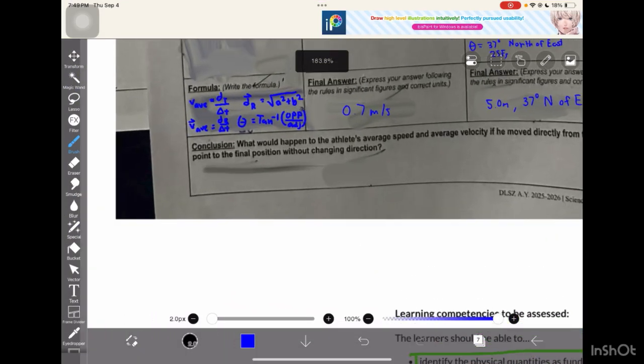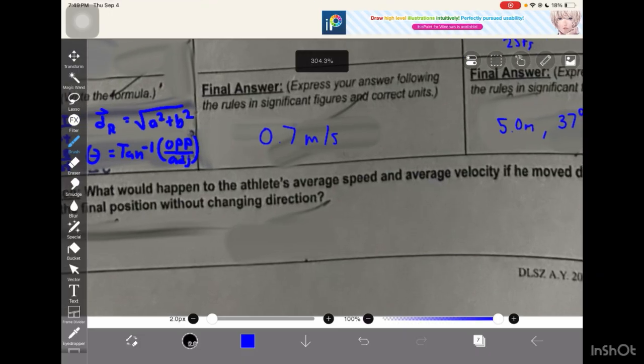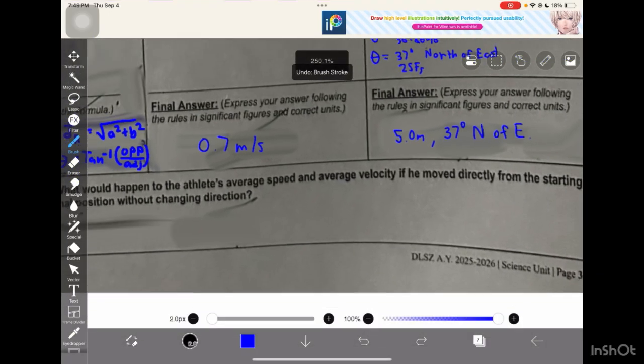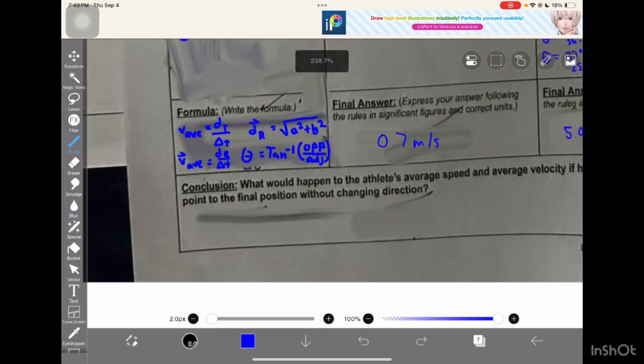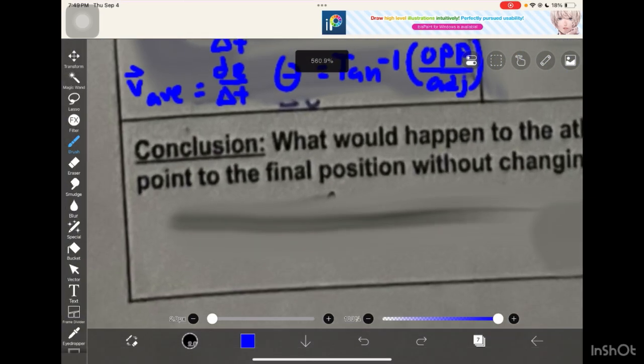Alright, last question. What would happen to the athlete's average speed and velocity if you move directly from the starting point to the final position without changing direction? Well, like I said, this is speed and velocity if you move directly from the starting point to final position. So it's talking about the most efficient way.